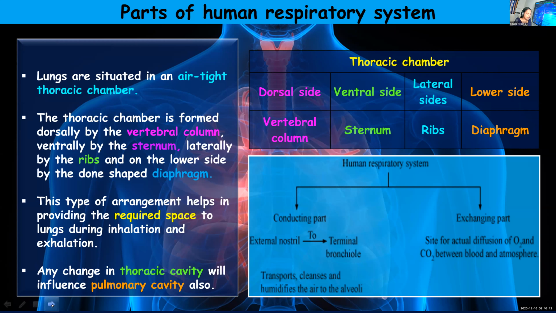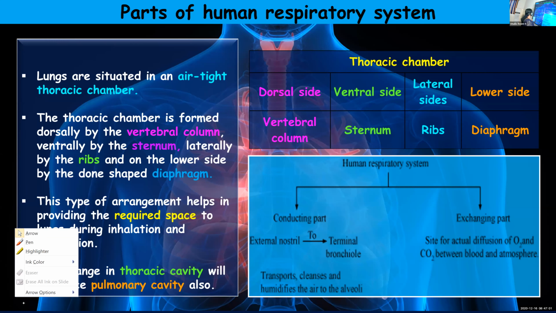Whereas the exchanging part consists of the alveoli, the site for exchange of gases. It is in these alveoli that oxygen and carbon dioxide are exchanged. So the exchanging part is formed by the alveoli.